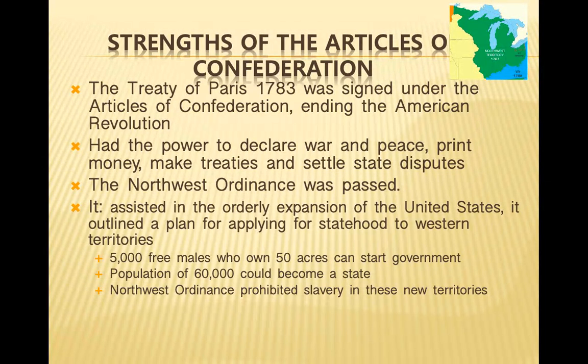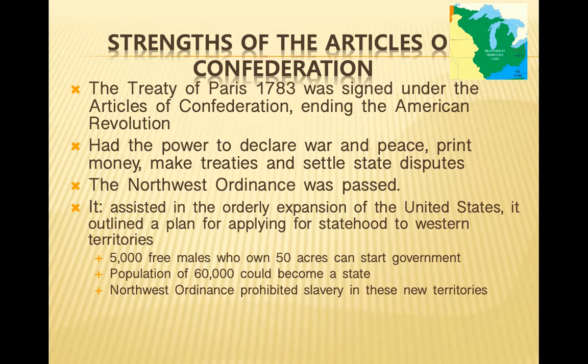It is with the Northwest Ordinance that an orderly way was established for the United States to expand its borders. And it also established a process for people to apply for statehood. If 5,000 free males owned at least 50 acres of land and banded together, they could start a government of their own and then apply for statehood.